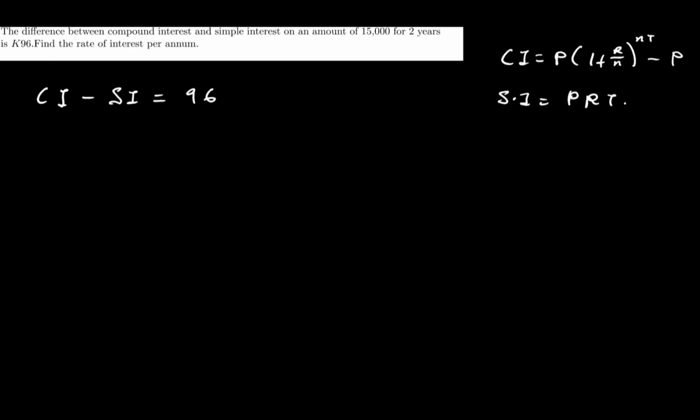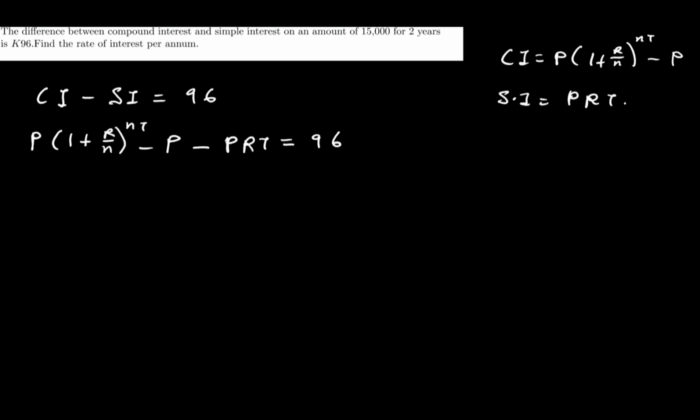So let us try and see how best we can solve this. So we know that the compound interest formula is P, then we have 1 plus R over N to the power NT minus P. And then this is minus the simple interest, which is just basically PRT. And this is equal to 96.